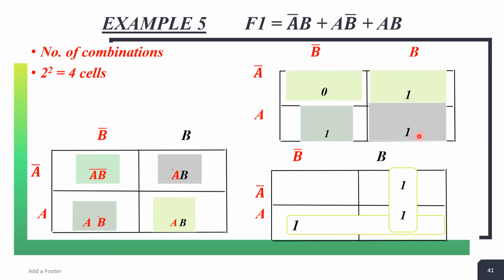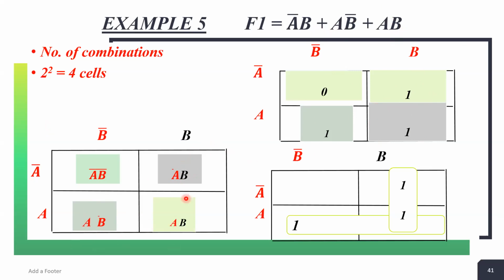First is A complement and B. This is A complement and B, put the 1 over here. And A and B complement, this one, add the 1 at cell 3.